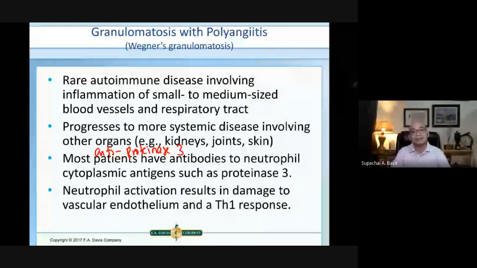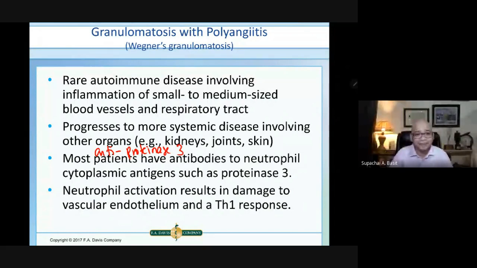So ANCA refers to anti-neutrophil cytoplasmic antibodies. These are produced against proteins in neutrophil granules. So it is strongly associated with syndromes involving vascular inflammation.